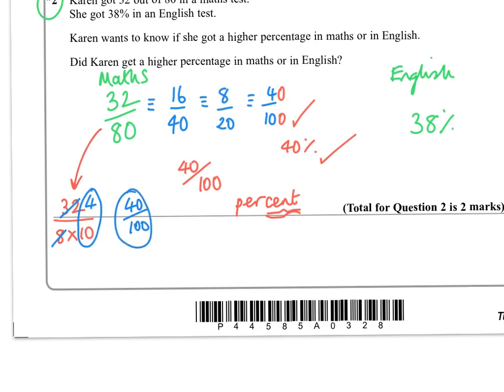And one final way would be to say that if 100% would have been 80 out of 80, then 10% would have been 8 out of 80, 20% would have been 16, and 40% would have been 32, which is what you wanted. There are many other ways of doing it, but there's 3 ways for you anyway.